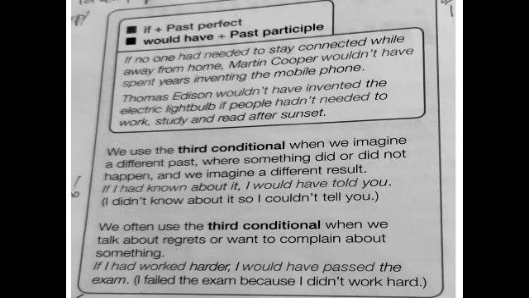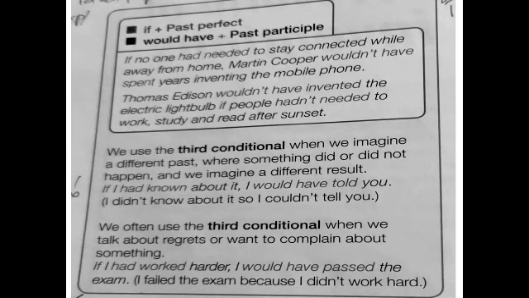Both share the same thing, that is the form of the main verb. That will be the third form of the main verb in both clauses. Here lies the difference. If had is there, that pair is different. The next pair is would have. Got it? The second important thing is that it is not necessary that the if clause must come at the beginning of the sentence. It can be at the end of the sentence.